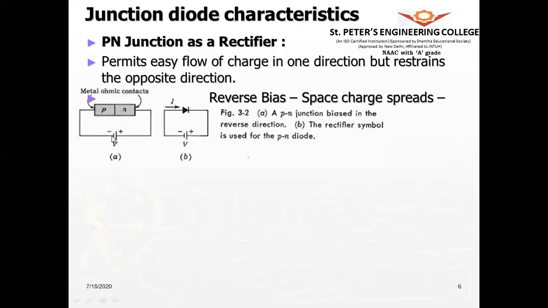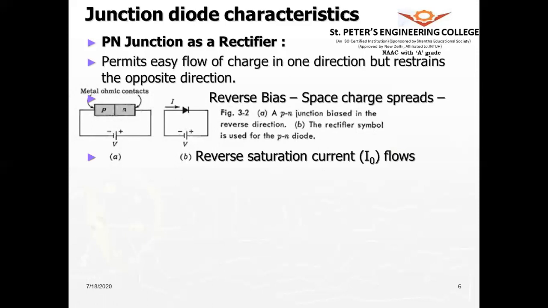Here the negative of the external supply is applied to the P type and positive is applied to the N type. In this case, there is a reverse saturation current that will flow, which is a very small value, represented as I naught.